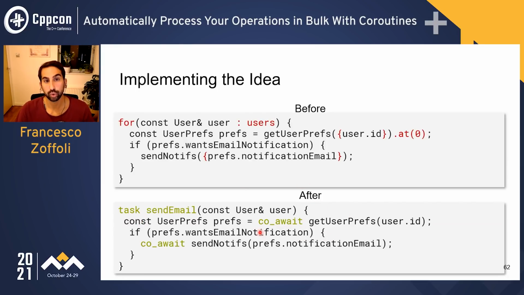Then we are going to use co_await in our suspension points, which are the two batch operations that we want to perform: get_user_preference and send_notifications. Also, remember that our functions were taking vectors, so we were passing a single vector and accessing the item inside the vector. In our new version, we just want to give a single ID and return a single preference.